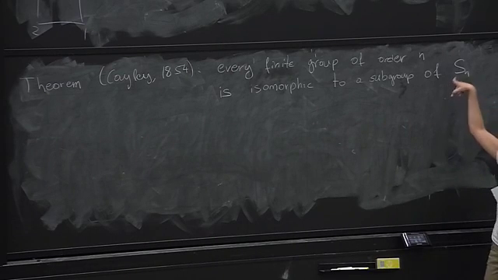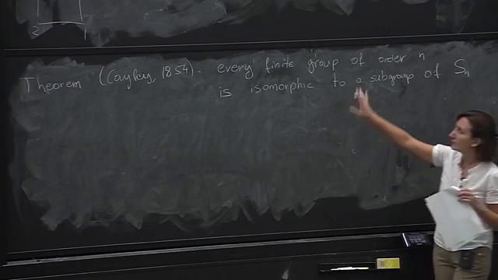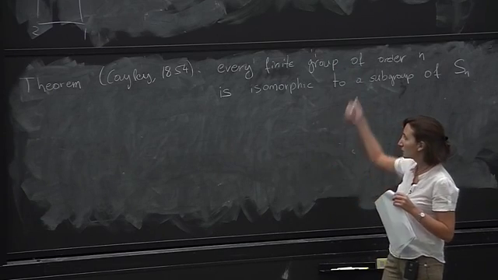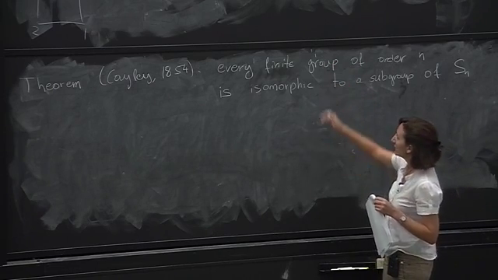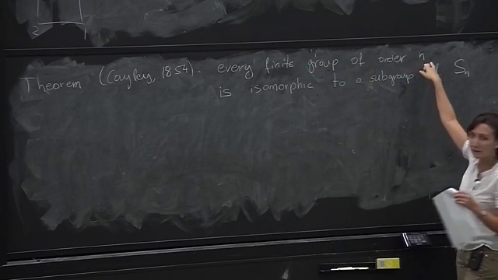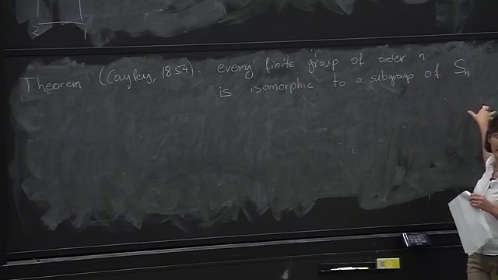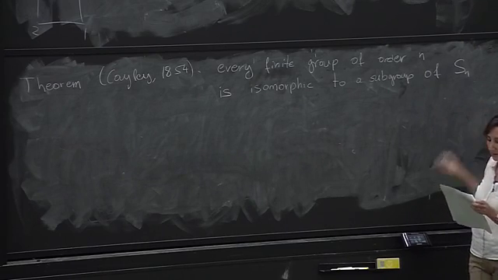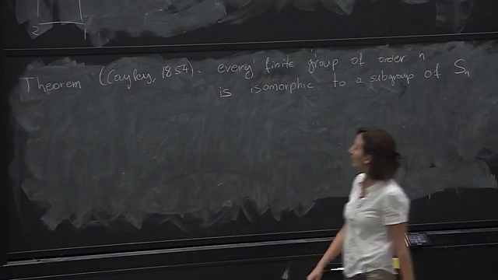You can find a subgroup of Sn that will be of order n, so that is isomorphic to your group. And of course, you can also state this as every finite group of order n is homomorphic to Sn, right? Okay.